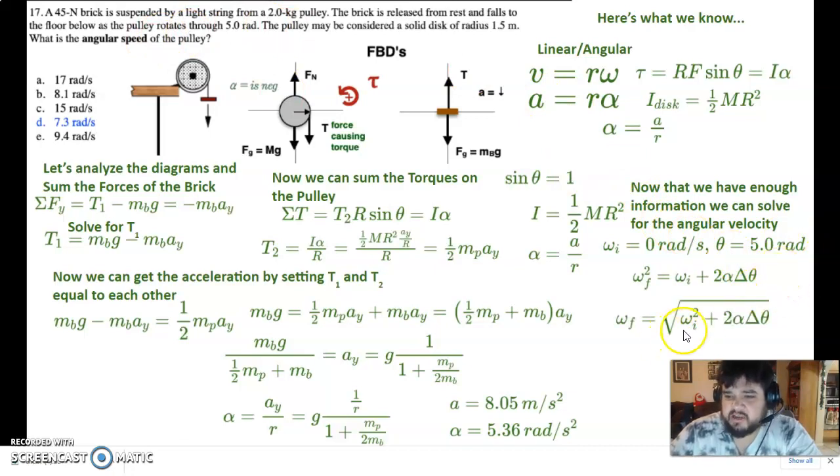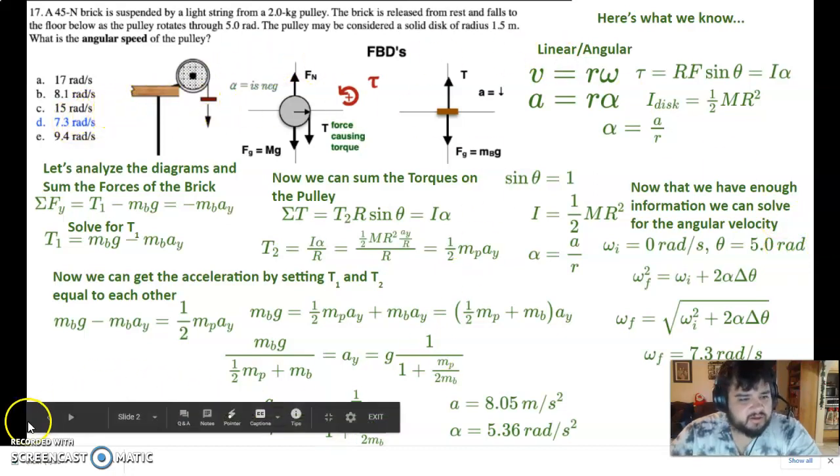So if we plug in our values and take the square root, we get that the omega final, or the angular speed, is equal to 7.3 rads per second. And that correlates with the answer that was given. That's it.